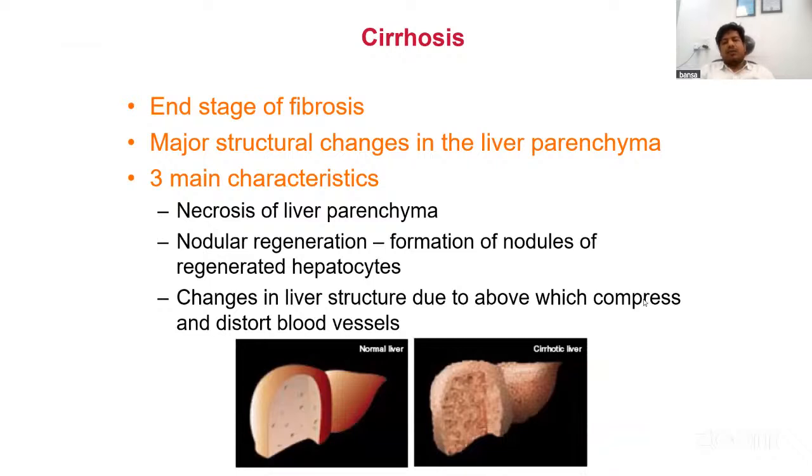And this is cirrhosis. It is the end stage of the disease, the end stage of fibrosis, with major structural change in the liver parenchyma. One is necrosis of liver parenchyma, nodular regeneration, and changes in the liver structure due to the above, which compress and distort the blood vessels.